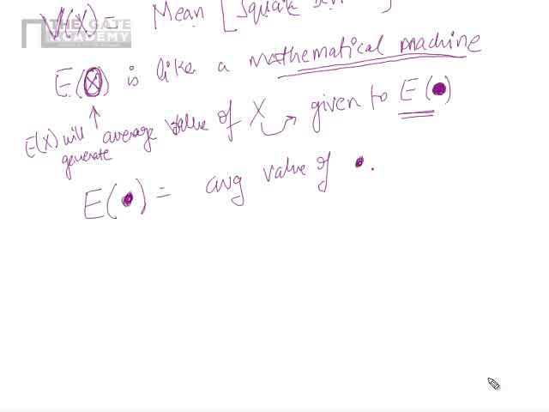So if I feed this dot, E of the dot is going to give the average value of the dot. The dot can be anything. Correct? Now, having said this, let us revisit the definition of variance. What is the variance of x? It is nothing but the mean of the square deviation.